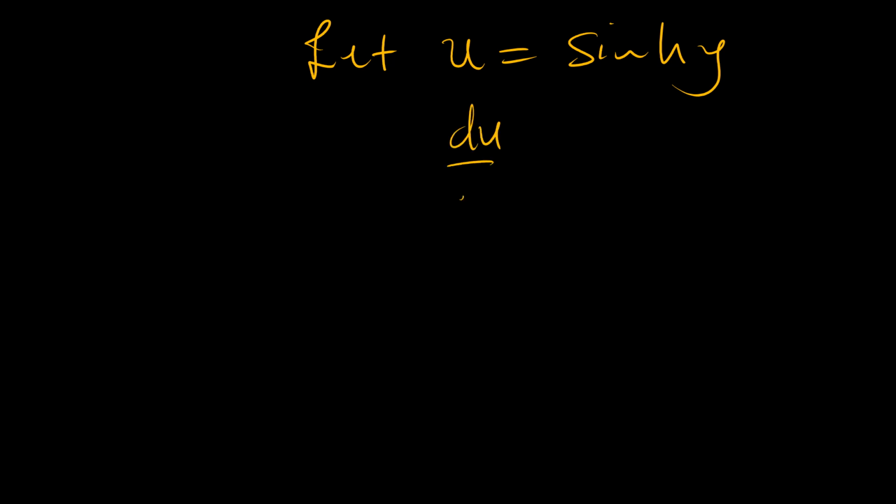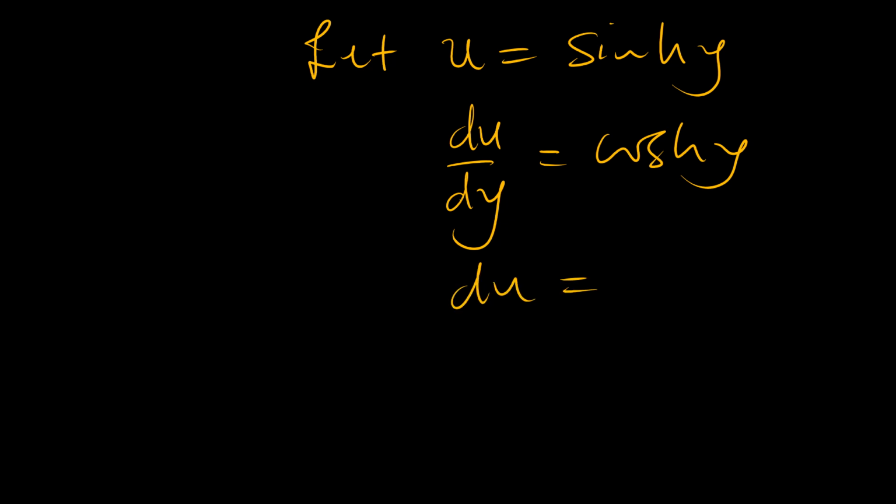So I will say let u be equal to, let's use a hyperbolic sine, and let's use a variable, for example y, such that du dy is equal to cosh y, and so du is equal to cosh y dy.